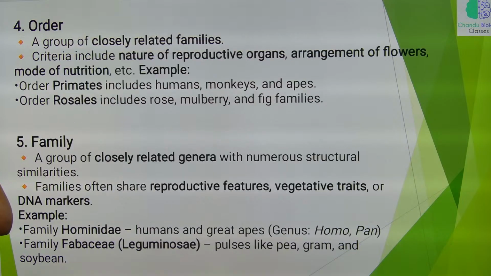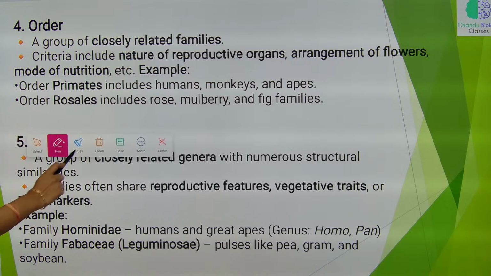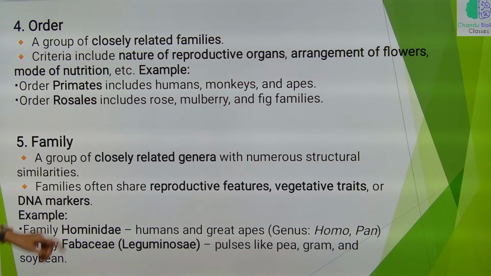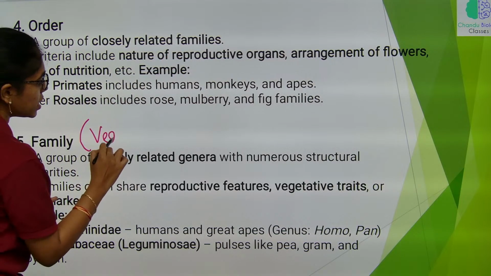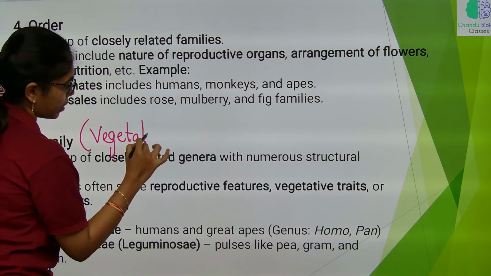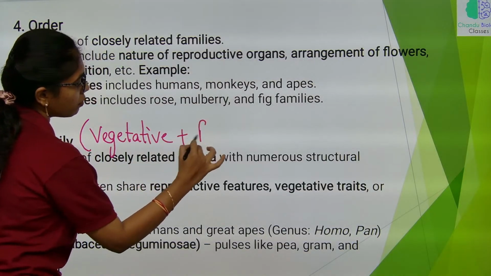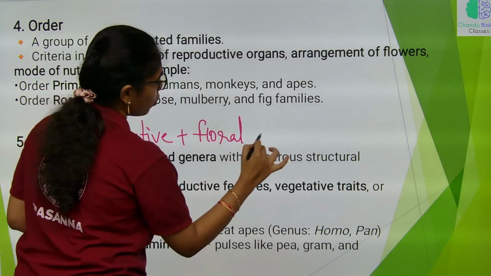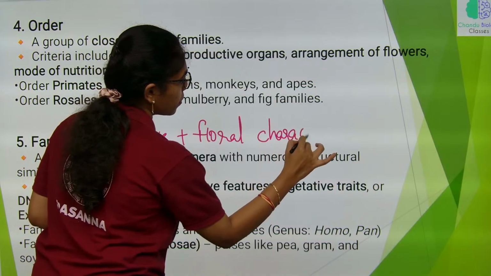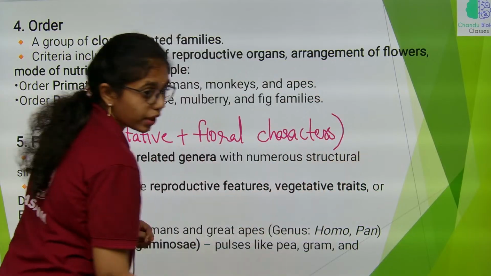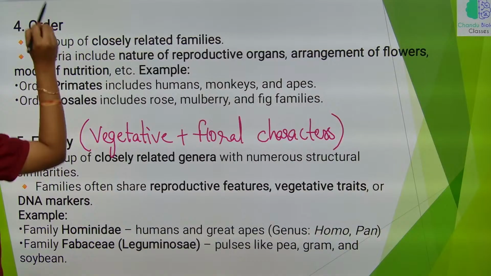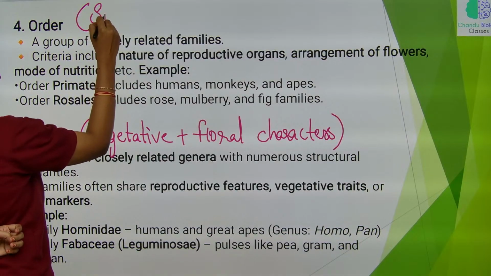And then order. A group of closely related families comes under order. So, here families will share common vegetative and floral characters. Whereas order shares only similar floral characters.